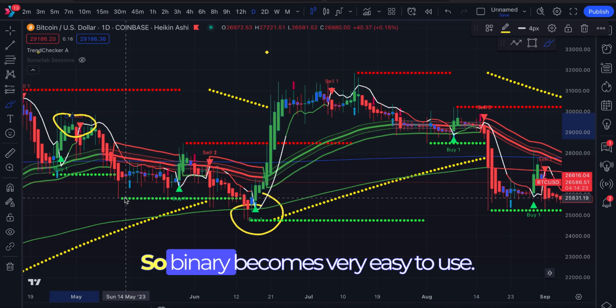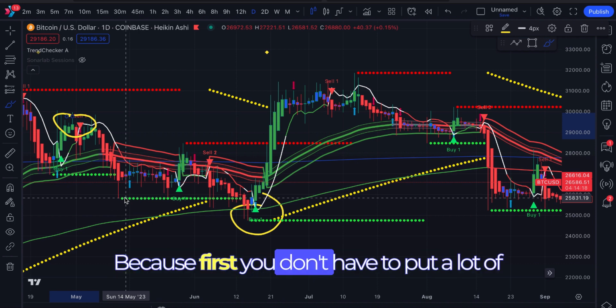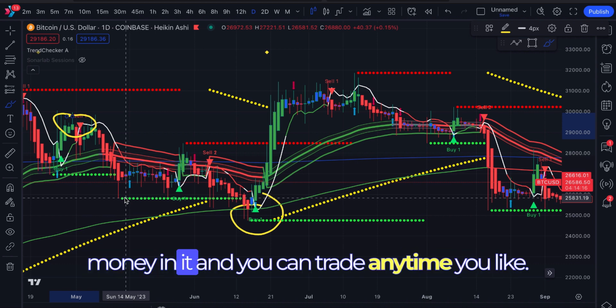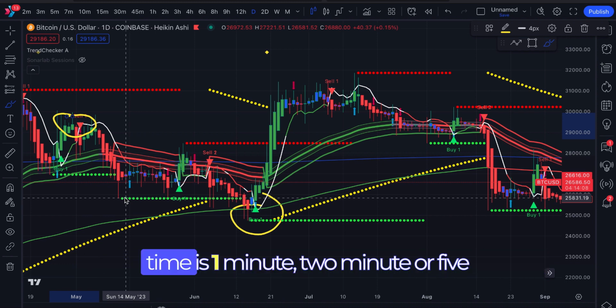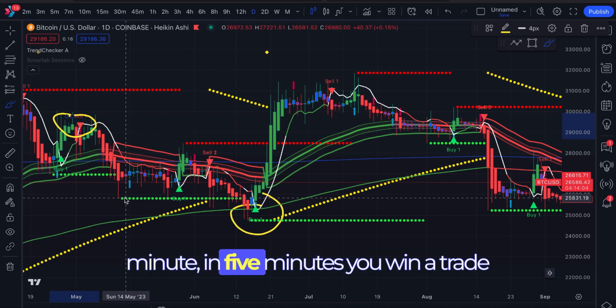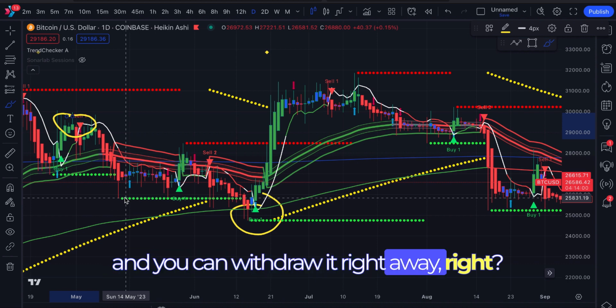So binary becomes very easy to use because, first, you don't have to put a lot of money in it, you can trade anytime you like, plus the reward is instantaneous. If your expiry time is 1 minute, 2 minutes or 5 minutes, in 5 minutes you win a trade and you can withdraw it right away, right?